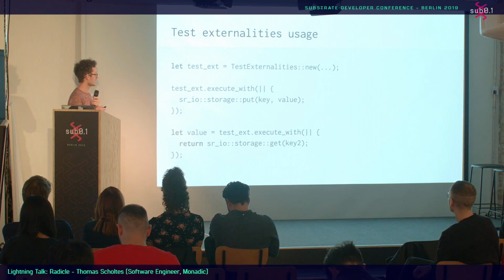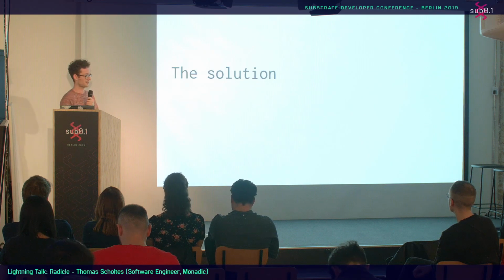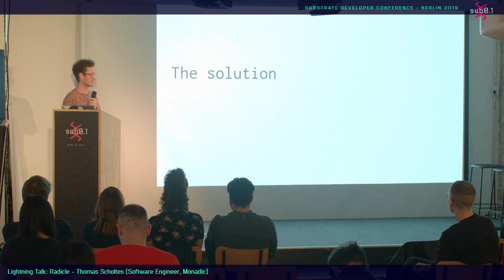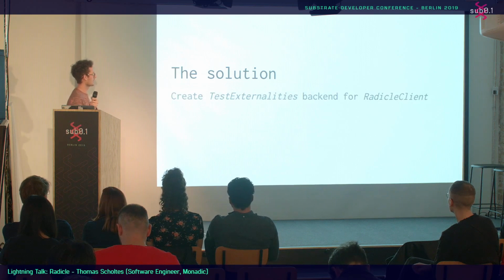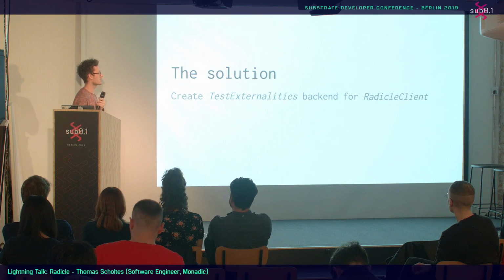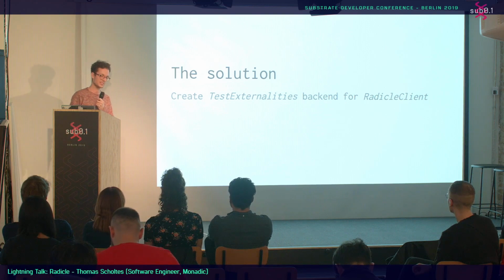And so we use this to find our solution to the acceptance test problem. We create a test externalities backend for the Radicle Client. So instead of talking to a full node over RPC, we replace the RPC communication with a call to the test externalities and make sure that it's very, very close to how the Substrate runtime is actually called.